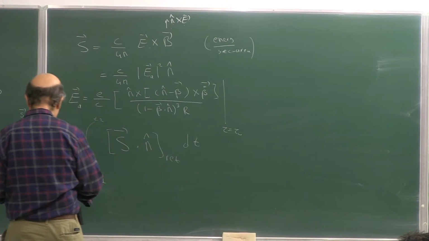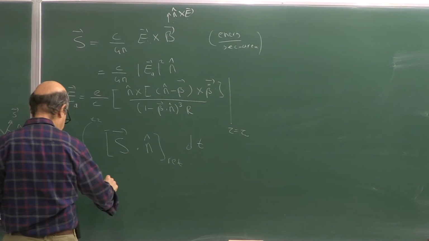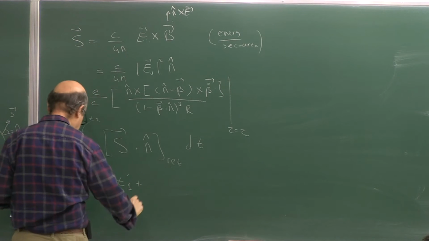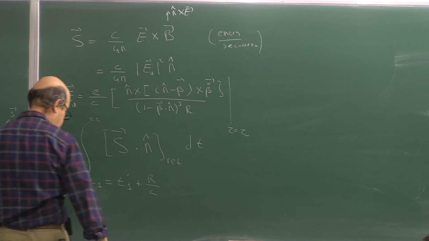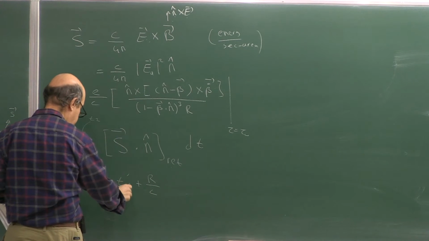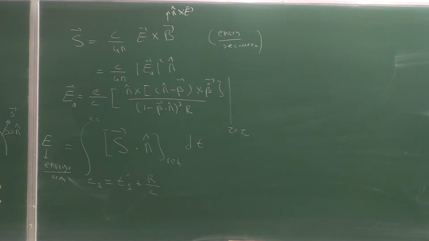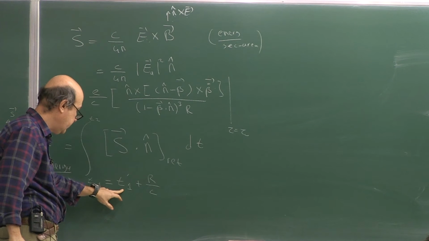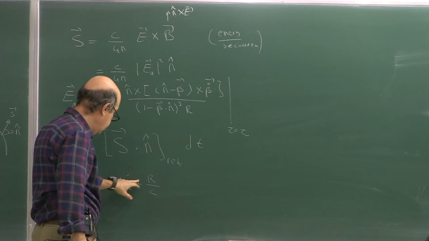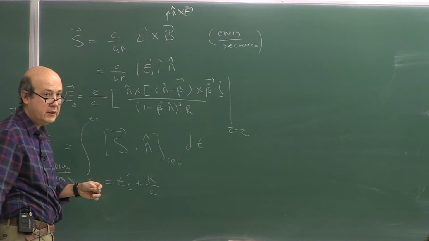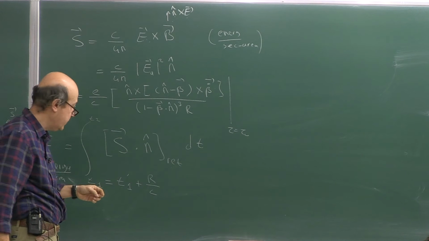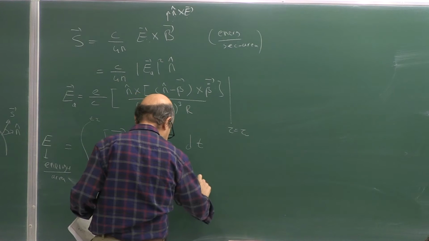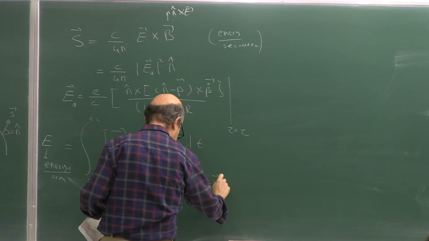We know that T1 is nothing but T1′ plus R over c. This is the source time at which the radiation is emitted, and the radiation propagates in vacuum with the speed of light, and R is nothing but the magnitude of x minus x′.